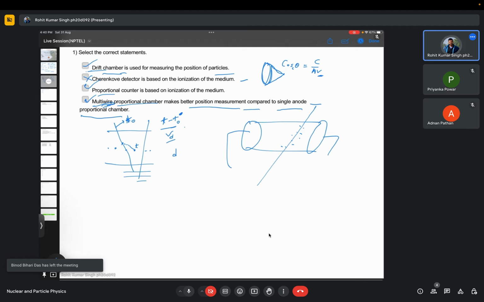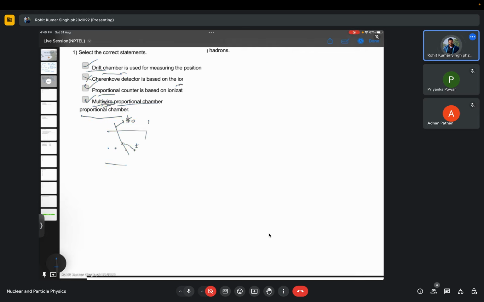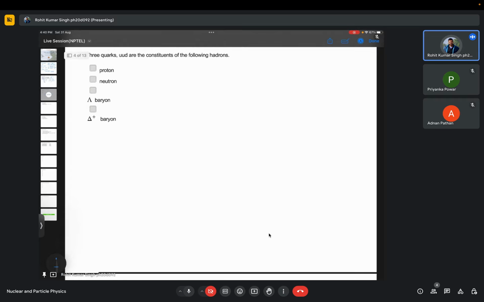Okay, so these three options are correct. The second one is wrong for now, but maybe I'll look into more details of this Cherenkov radiation, and we can discuss next time. Okay, so let's move to the second problem then.